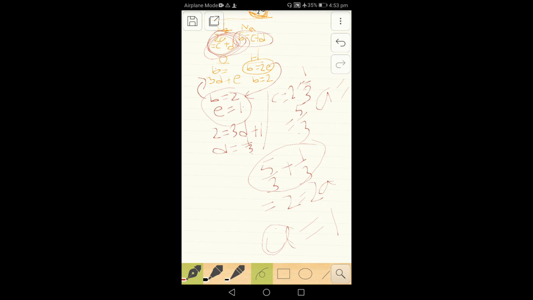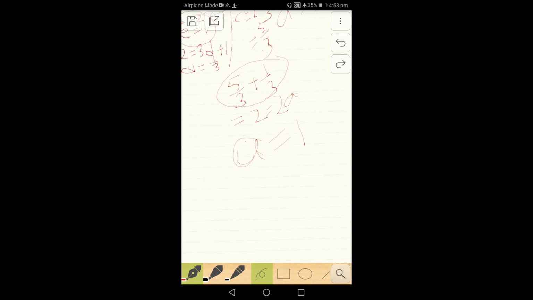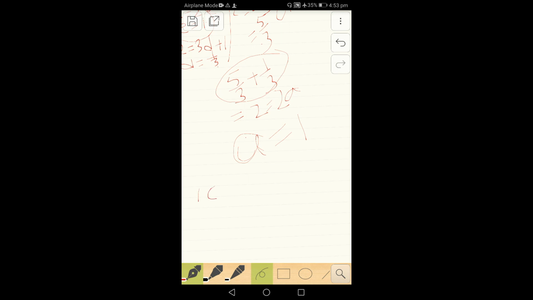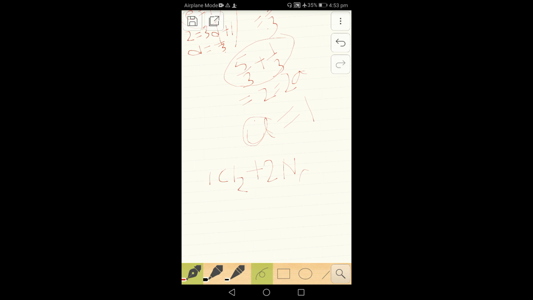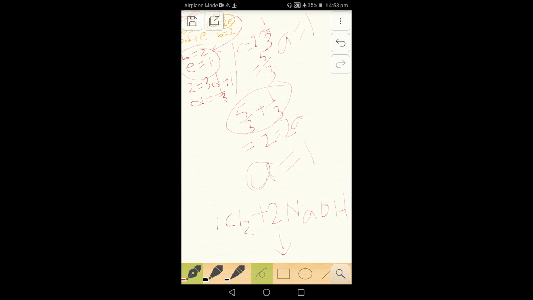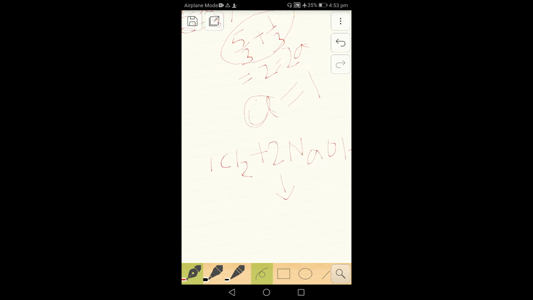Okay, now if you put these values into the equation, so 1 Cl2 plus, what was B? B is 2 NaOH, this would give you, then C the value is 5 by 3, so we can have 5 by 3 NaCl plus, what's the value of D?